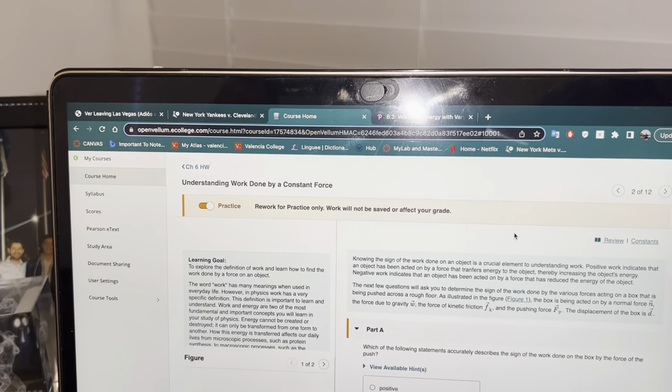So that's basically the work made by the weight.